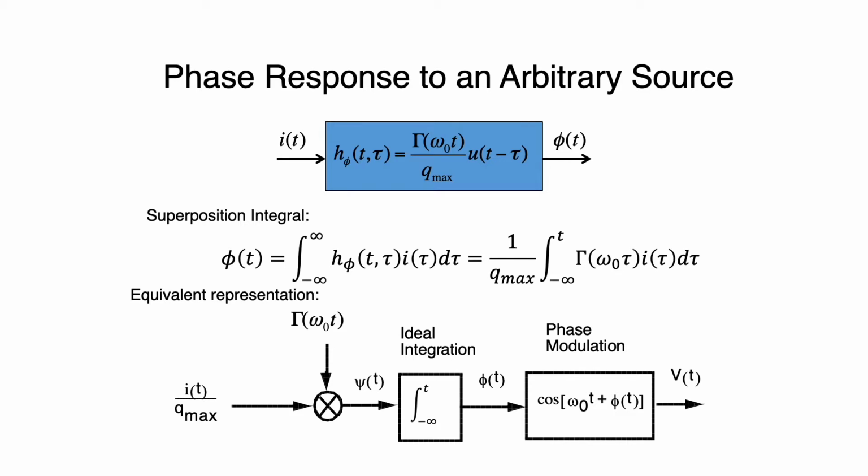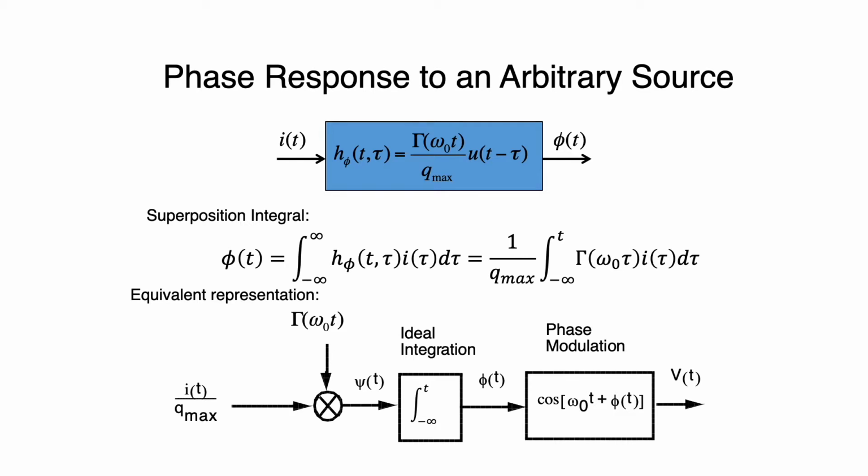So what this means is that the evolution of the phase noise in the oscillator can be described with this system. You have an input current coming in. It gets normalized by Q max. It gets multiplied or modulated by a periodic waveform, not necessarily sinusoidal, gamma or the ISF. That produces this function psi of t, which goes through an ideal integration to produce phi of t.